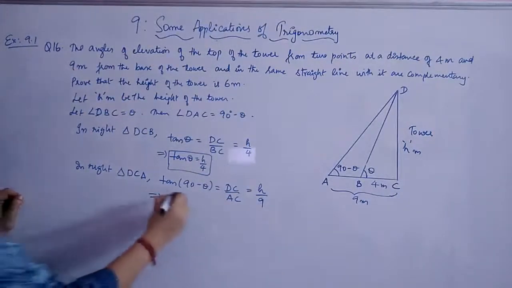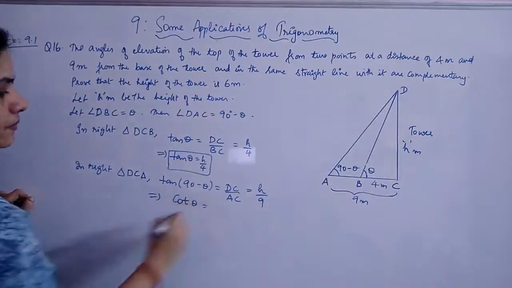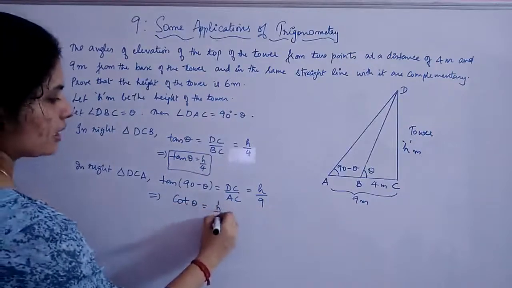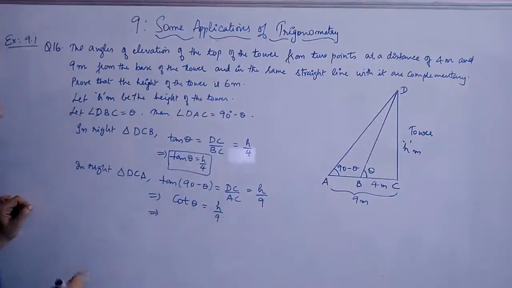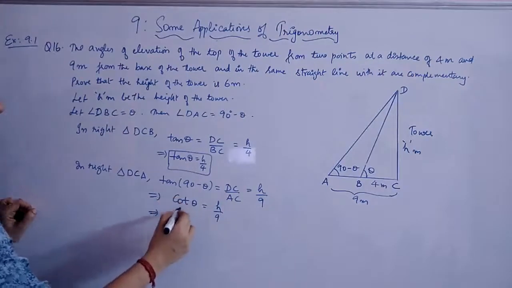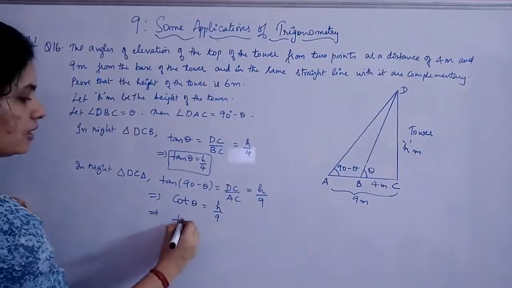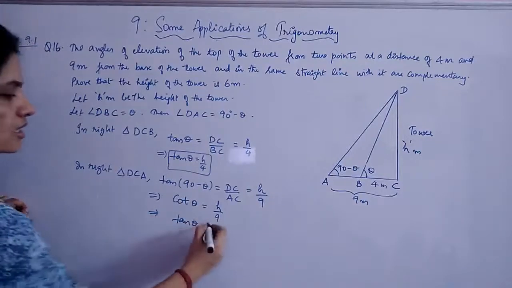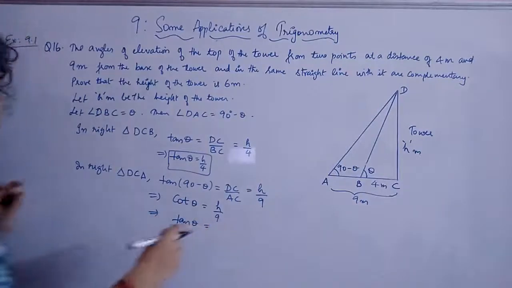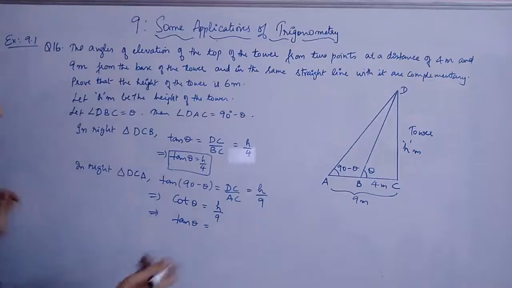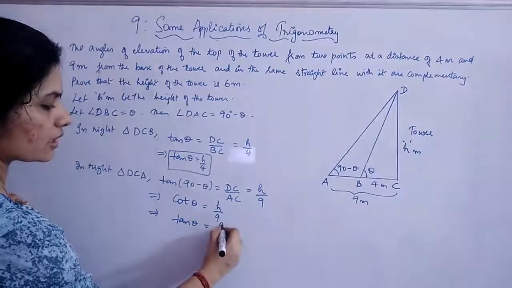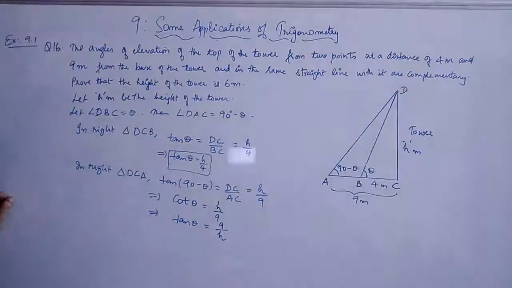It is cot theta, which is equal to h by 9. Again, cot theta is h by 9. That means the reciprocal of cot is tan. So tan will be, both side we are taking reciprocals, so that you will get 1 by cot, or you can say 1 by cot is tan, and this is also reciprocated, so you will get 9 by h here.